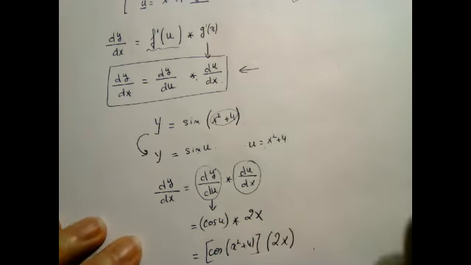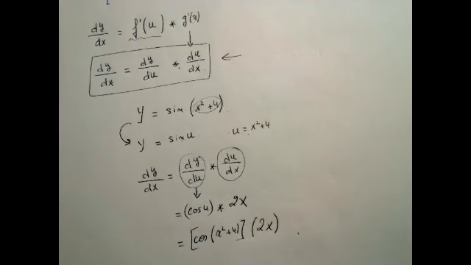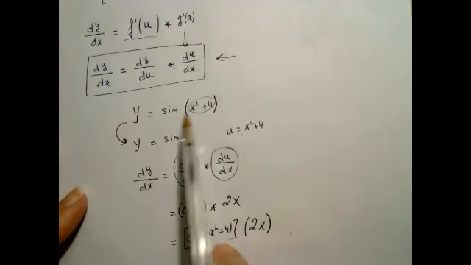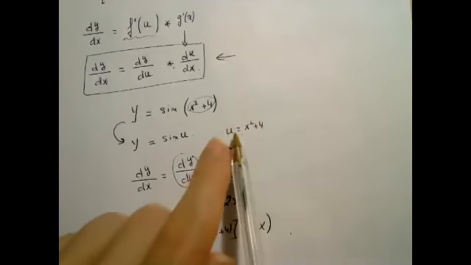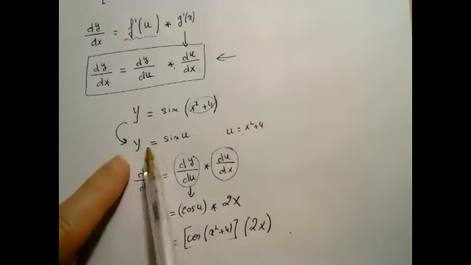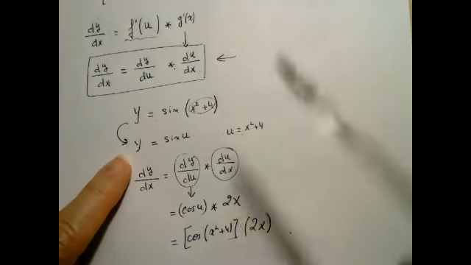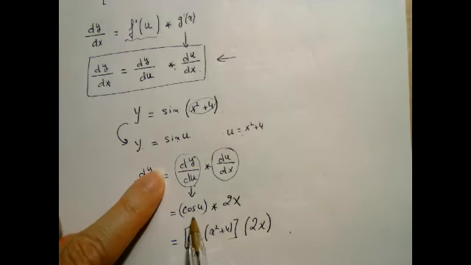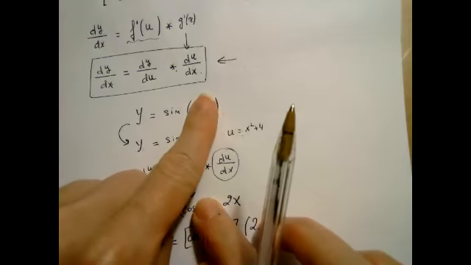So it's basically the chain rule, where the notation is slightly different, but it's a notation that I definitely want you to know. The only thing we do is, let y equal sine of u, where u is x squared plus 4. Then when I'm finding the derivative of y with respect to u, basically I'm finding the derivative of the outside function.